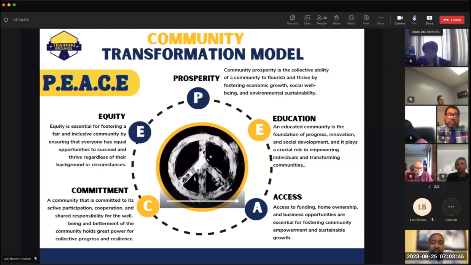My hope is that Virginia Cares will want to know more about our community transformation model, how it works, how it can work in your communities, and spur that conversation along.